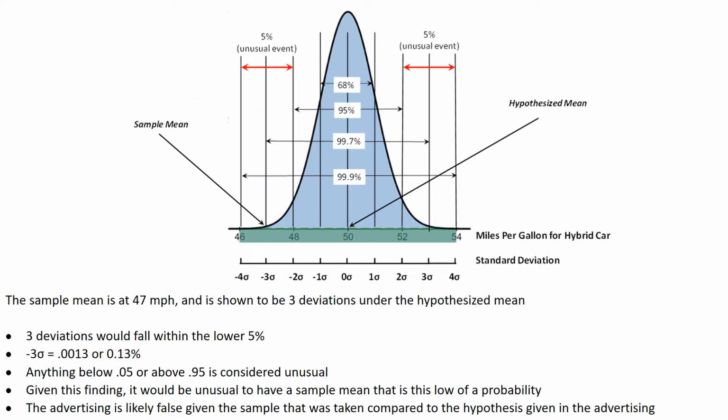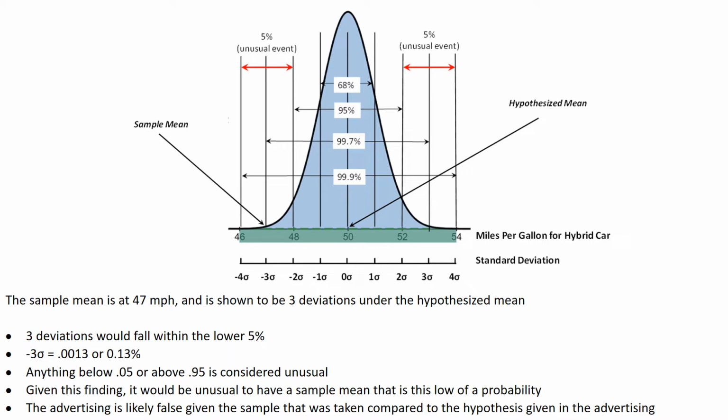So if I graph this, I said 47 miles per gallon is what I find out. They're claiming 50 miles per gallon, and that's what my mean is. And I go plus and minus 3 deviations, which is 99.7%, as we recalled before.